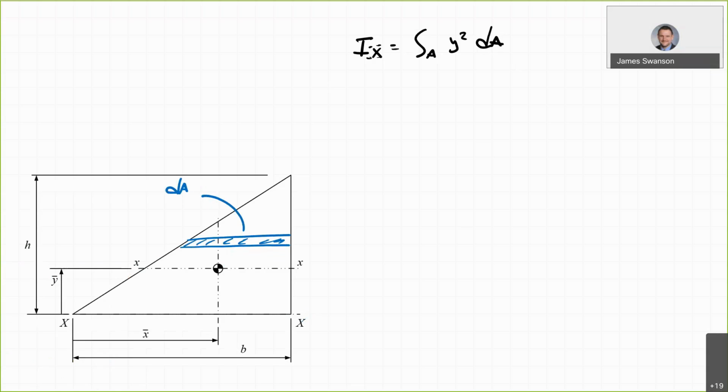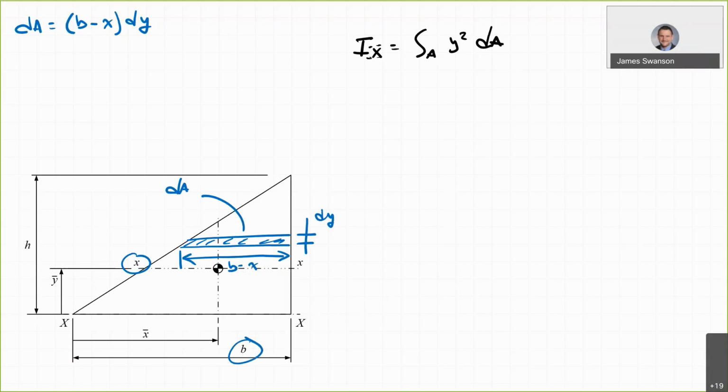This distance here is going to be dy, but then I need this horizontal distance here, and that's going to be equal to the dimension b minus x. So dA is equal to quantity b minus x times dy.